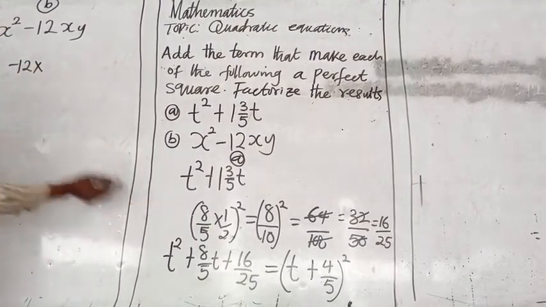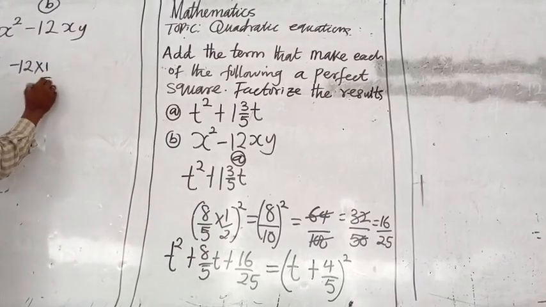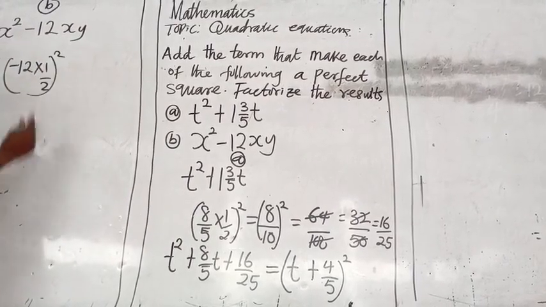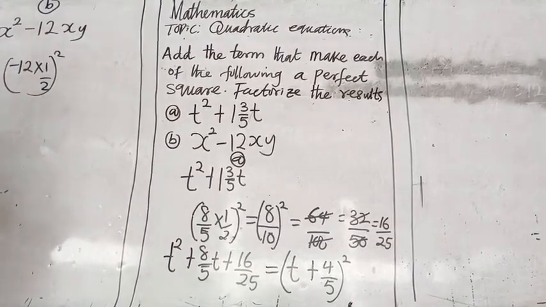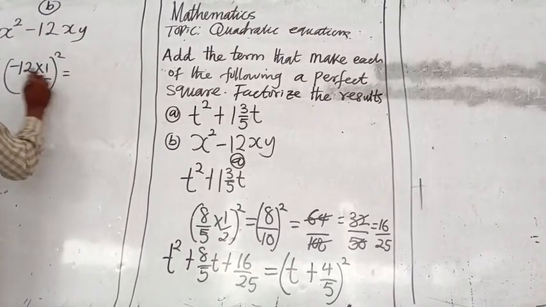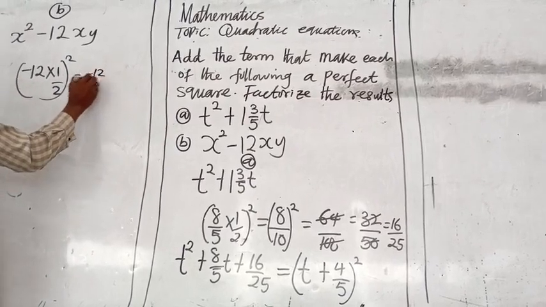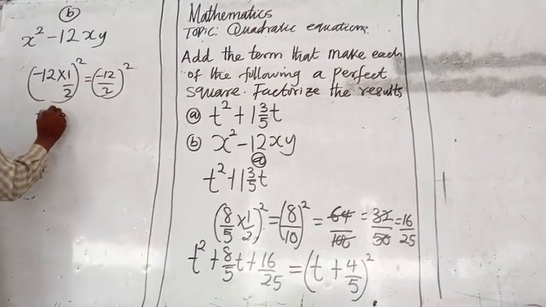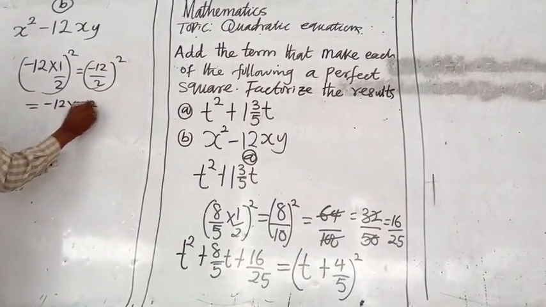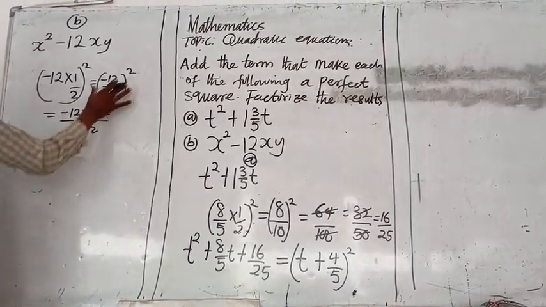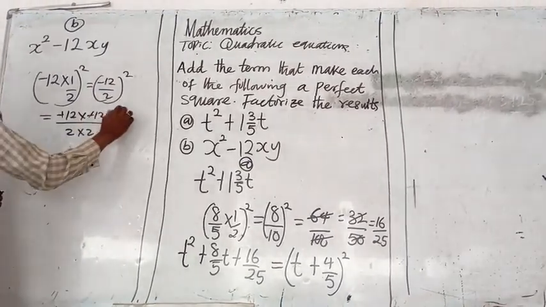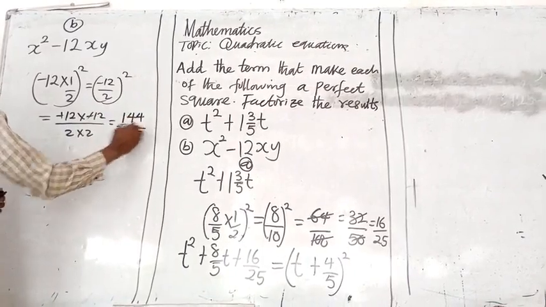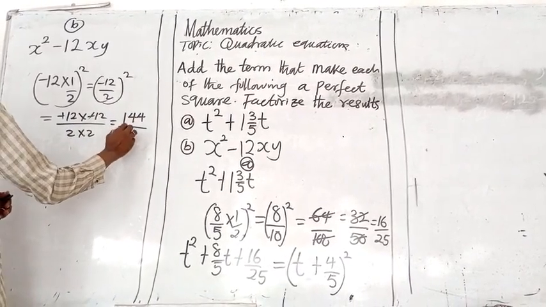Like I've said, what I did here, I multiply it by 1 over 2, then I square the result to get what can be added to this to make it a perfect square. Which is the same thing as minus 12 times minus 12 over 2, then all squared. It is the same thing as minus 12 times minus 12 all over 2 times 2. For this, we have 144 all over 2 times 2, which is 4.